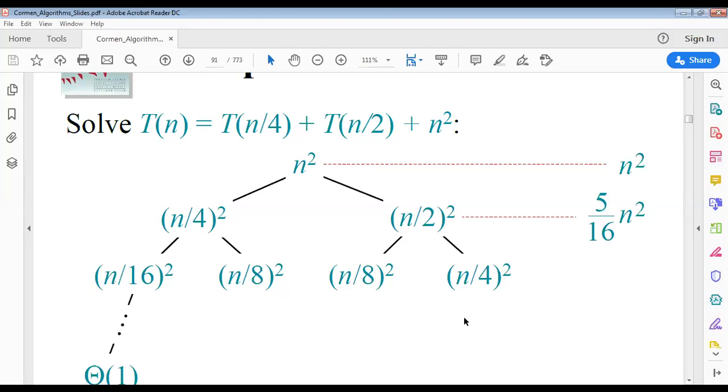I can't draw a square here. You can solve it, 5 over 16.